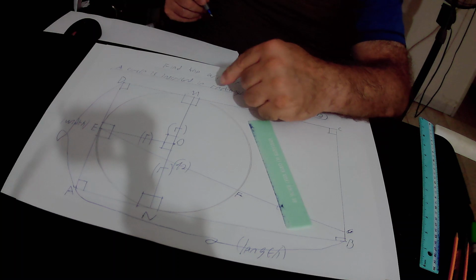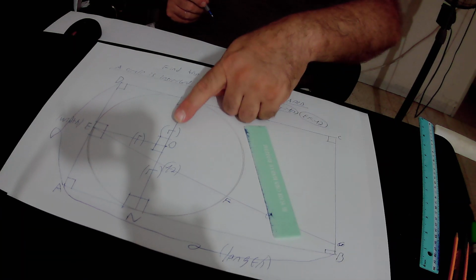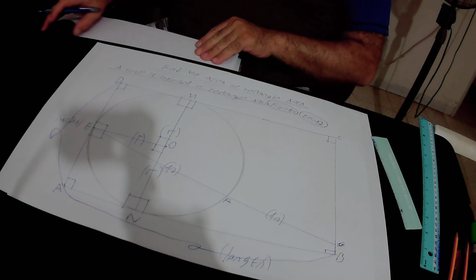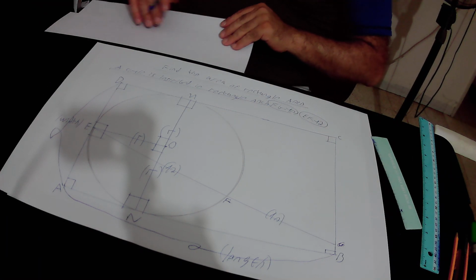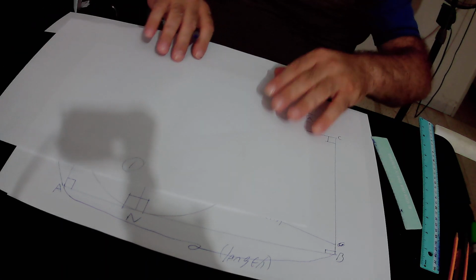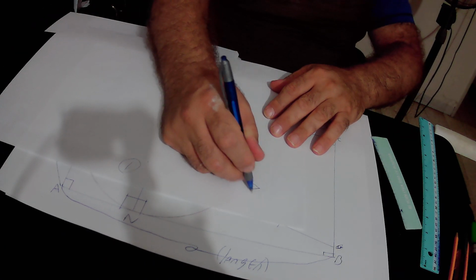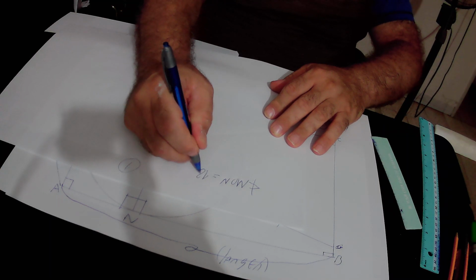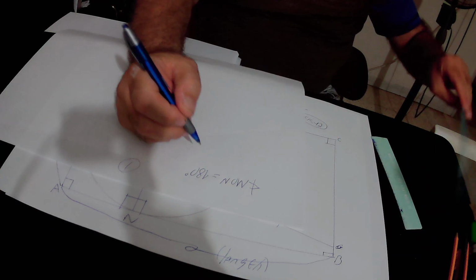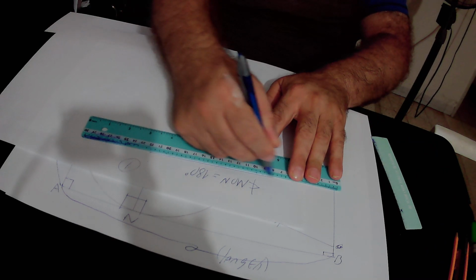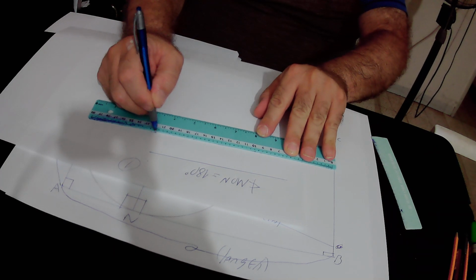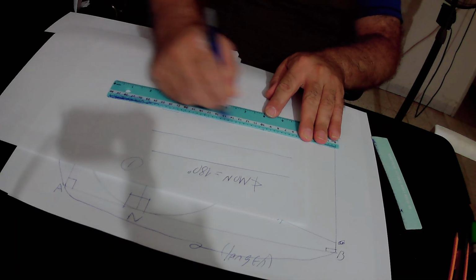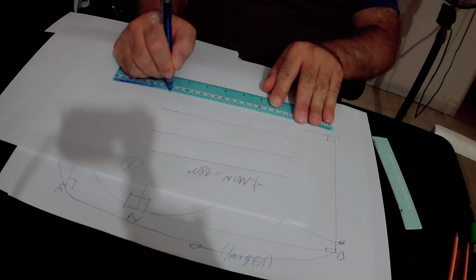So the big angle MON is equal to 90 degrees plus 90 degrees, that is 180 degrees. So the big angle MON is equal to 180 degrees in its size. And we know that any angle that is equal to 180 degrees in its size is defined as a straight line.